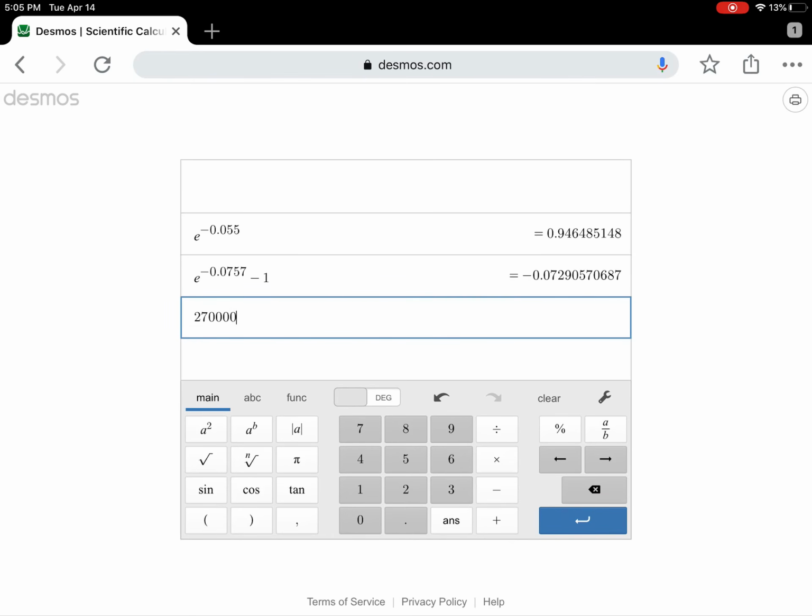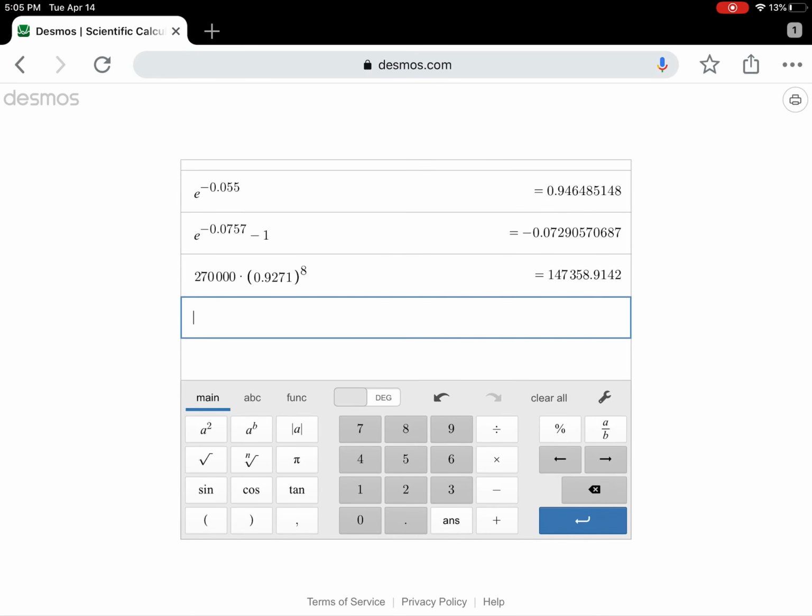All right, let's type this in. 270,000 times 0.9271, close parenthesis, and we're going to raise this to the 8th power. I never type these decimal points. 0.9271 to the 8th power.